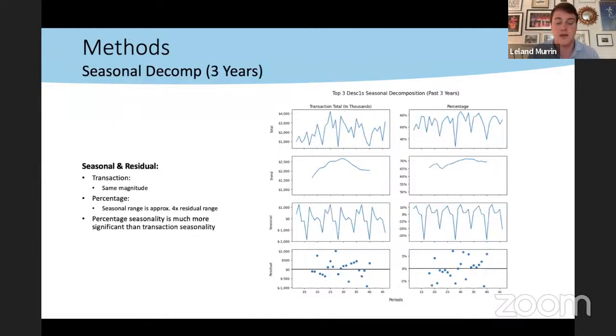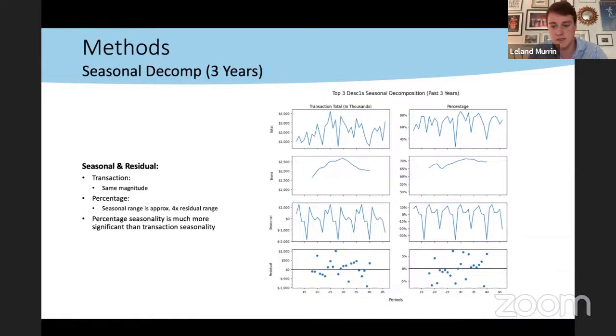But when we investigate the past 3 years and get rid of fiscal year 2020, we can really see that while the transaction plot is the same situation, with seasonal being of the same scale as residual, so significant but not a glaring smoking gun, the percentage plot was definitely a smoking gun, with a 40% range for the seasonal plot versus only 10% for the residuals. So there's definitely a seasonal component here by percentage.